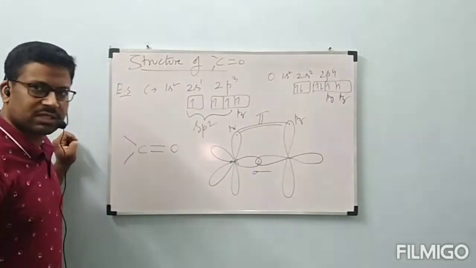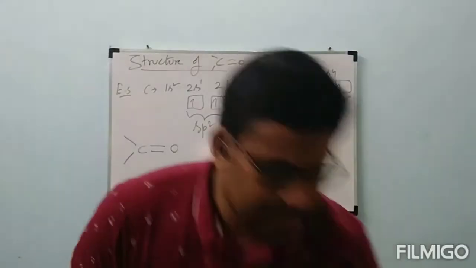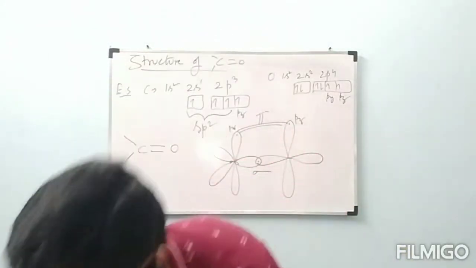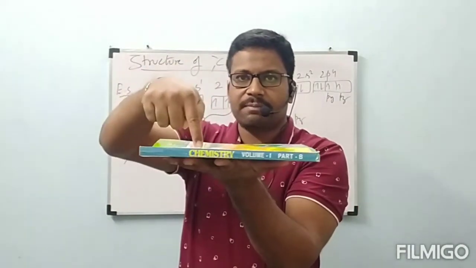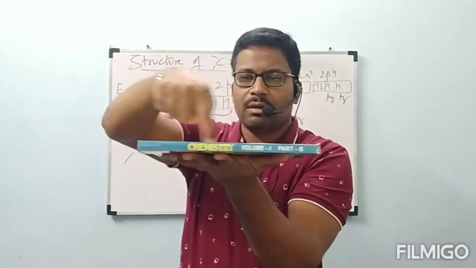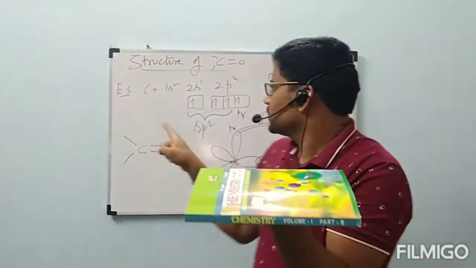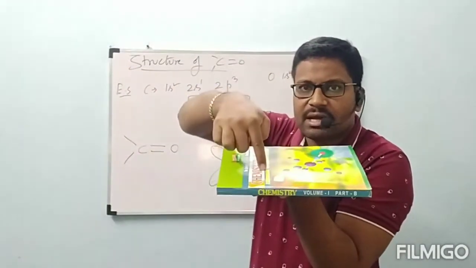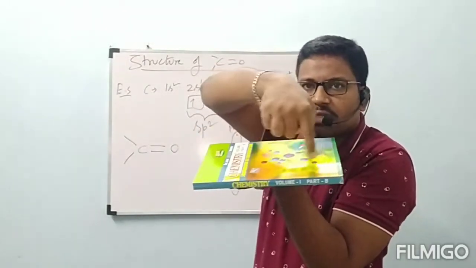Now, the explanation of the structure. This is the plane in which the carbon, the oxygen, the single bond, and even the remaining two bonds on carbon are present.